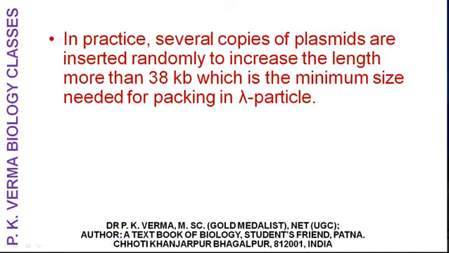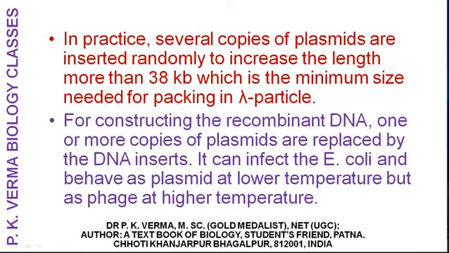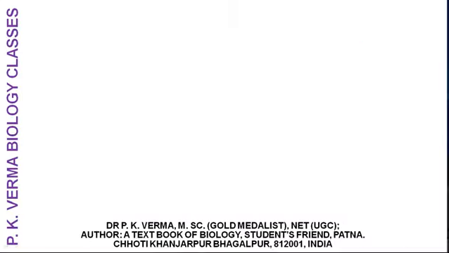In practice, several copies of plasmids are inserted randomly to increase the length more than 38 kilobases, which is the minimum length required for packing of the lambda particle, that is lambda virus. For constructing the recombinant DNA, one or more copies of plasmids are replaced by the DNA inserts. It can infect E. coli and behave as plasmid at low temperature but as a viral particle at high temperature.